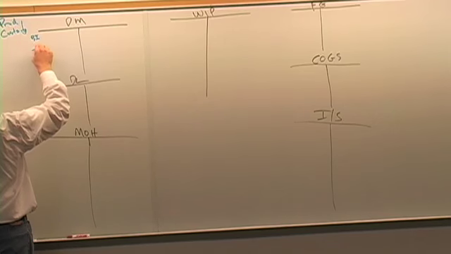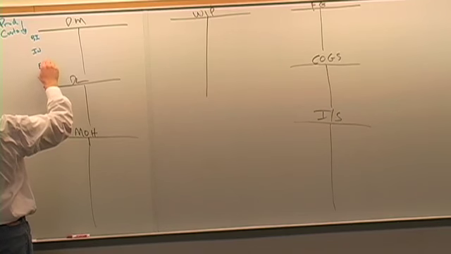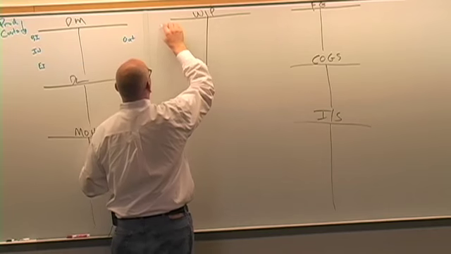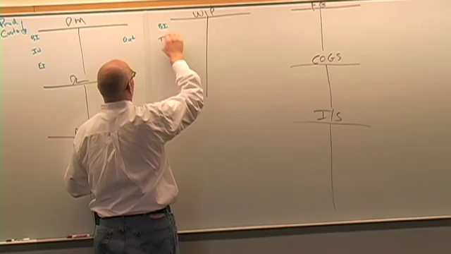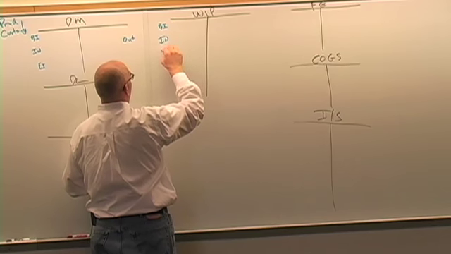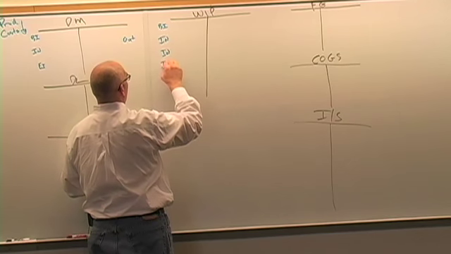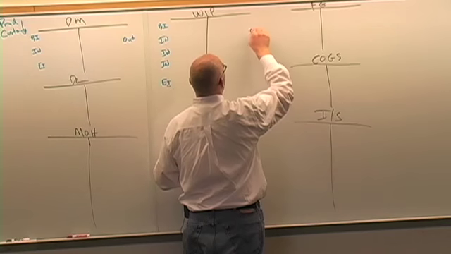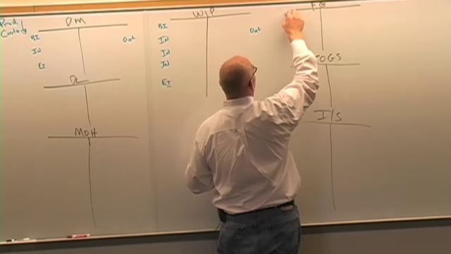Beginning inventory plus in, ending inventory, out. Beginning inventory, and here we're going to have actually 3 ins: 1, 2, 3, and then an ending inventory and an out.